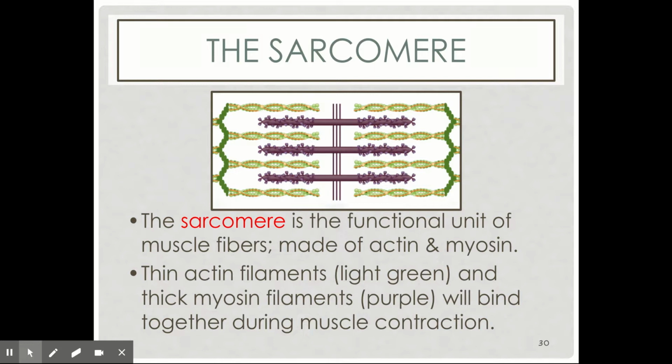You can see here that you have thin actin filaments, which are these light green things, and then your thick myosin filaments will be purple in this specific image. The whole idea is that these two things are going to bind together during a muscle contraction, and this entire thing will cause your muscle to contract.